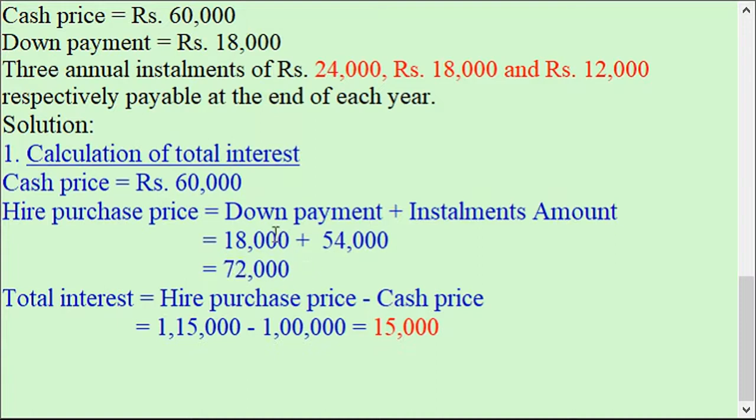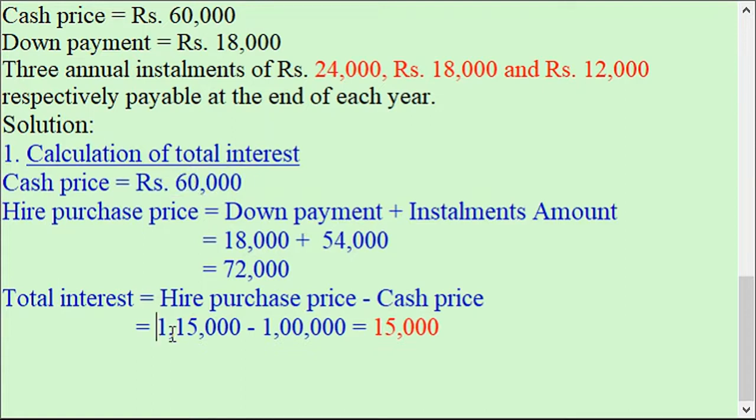If you are purchasing the asset by hire purchase system, you will have to pay totally 72,000 for the asset. If you want to purchase the asset by paying cash, you will be paying 60,000 for that asset. So you are paying an extra 12,000 for this asset if you are going through the hire purchase system. That amount is known as total interest. So total interest is the extra amount that you are paying if you buy the product through the hire purchase system.